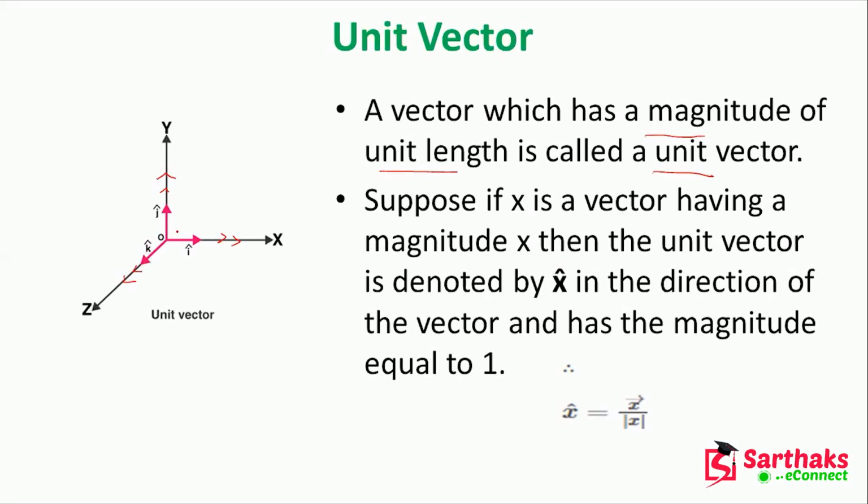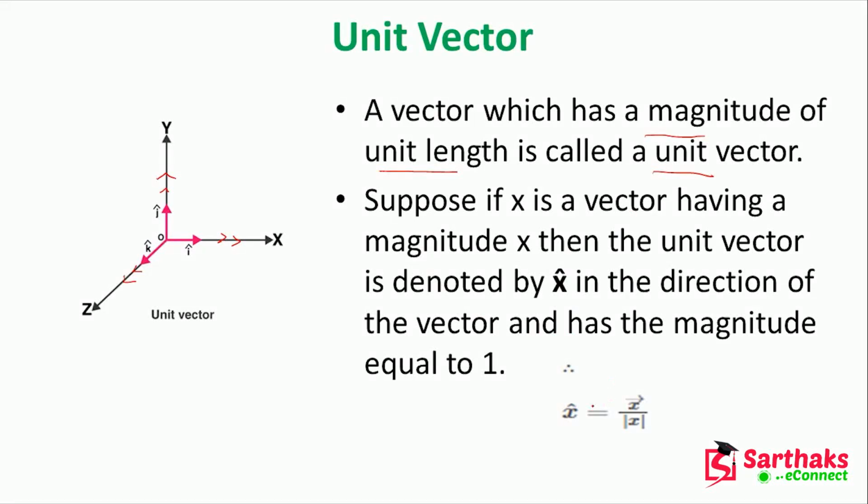So the unit vector means its magnitude should be unit length, right? If it is 1 meter, yes, but if it is 2 meter, it is not a unit vector, right? Suppose x is a vector having a magnitude x, then the unit vector is denoted by x cap, in the direction of the vector and has the magnitude equal to 1.